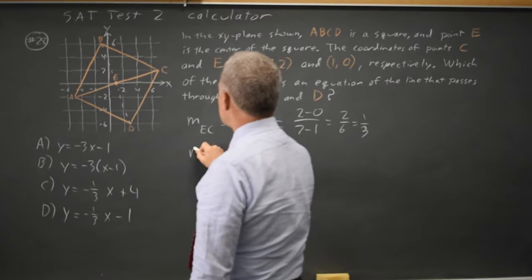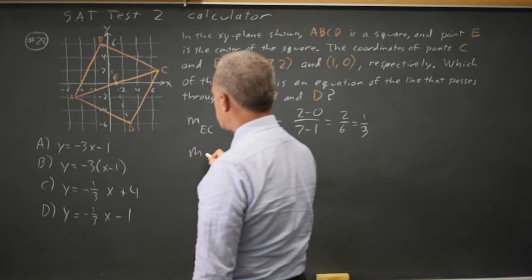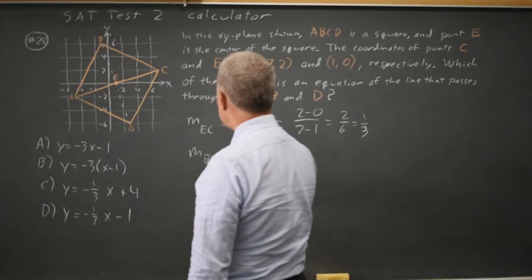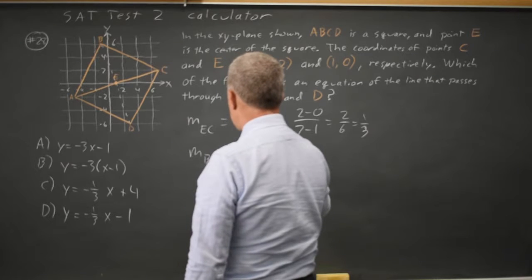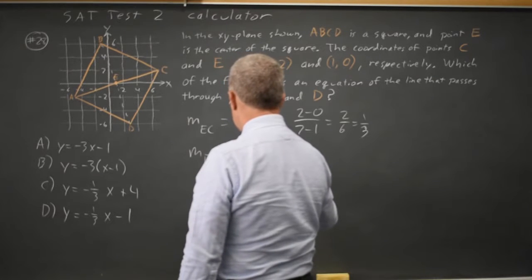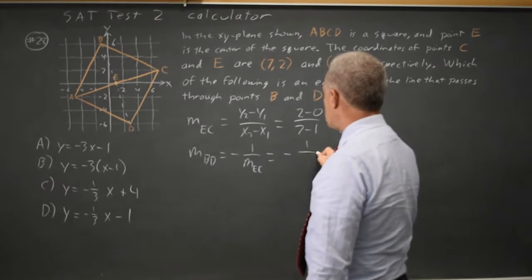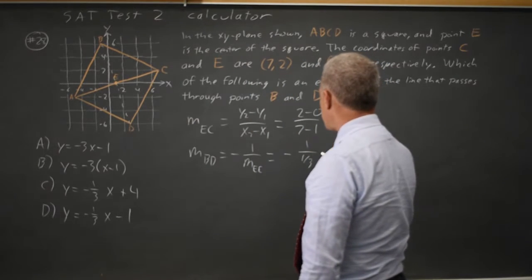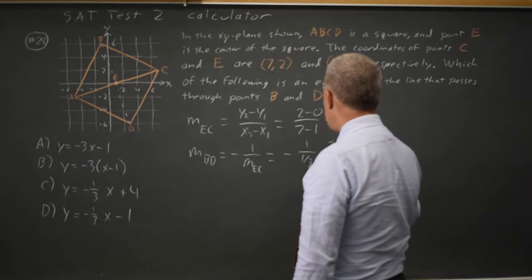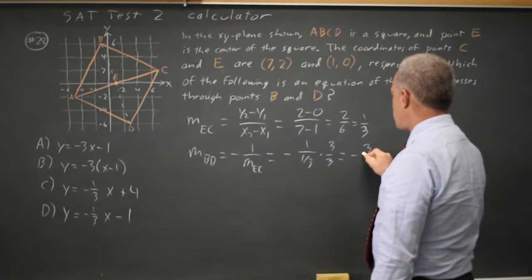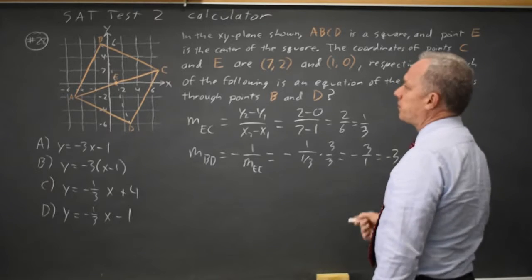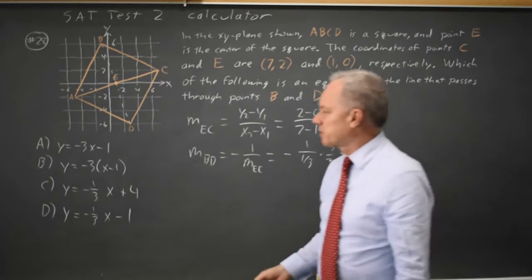So the slope of the perpendicular, which I'll call BD, is -1 over the slope of the line that we have there. -1 over the slope of EC is -1 over 1/3. If I multiply that by 3 over 3, I get -3 over 1, which is -3. So the correct answer has a slope of -3.